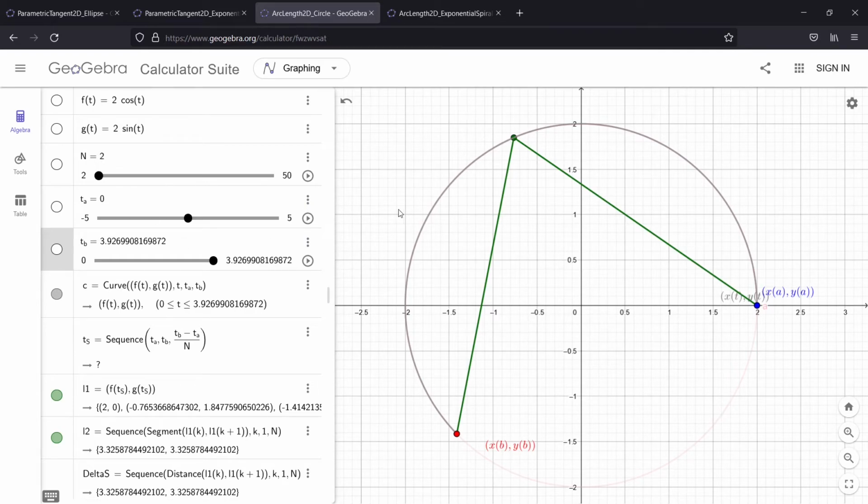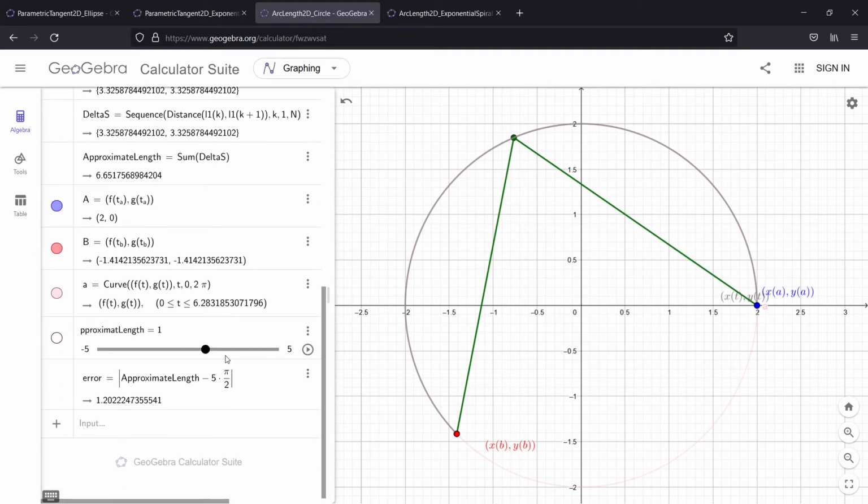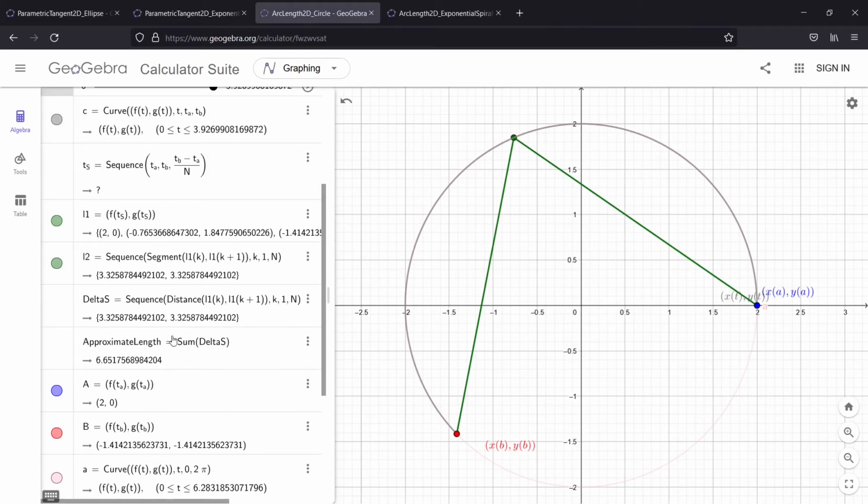Remember, the Riemann sum process just takes the length of each one of the segments of the partition and sums up those lengths. So that's what this approximate length is right here. It just adds up all of the distances of the partition.